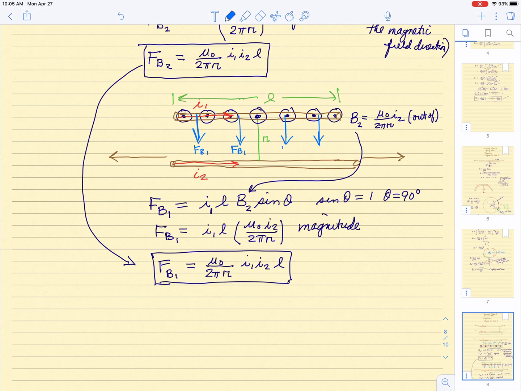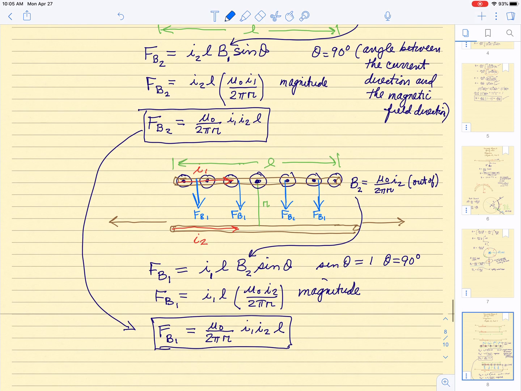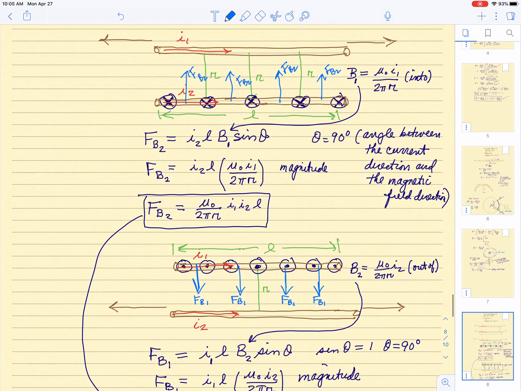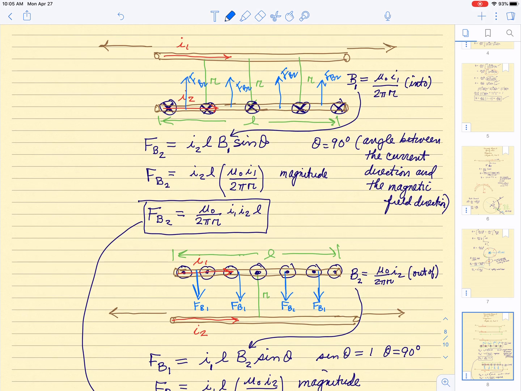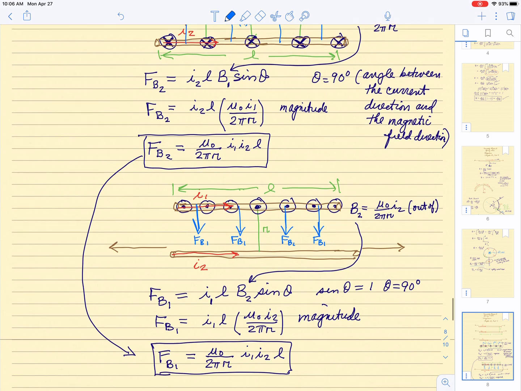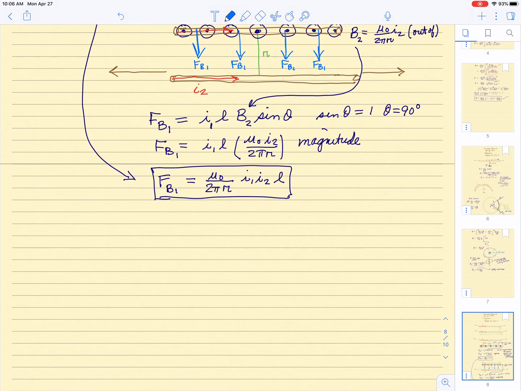You'll notice in looking at these two pictures that these two wires are going to feel a mutual force of attraction. Wire 1 is going to attract wire 2, and wire 2 is going to attract wire 1.